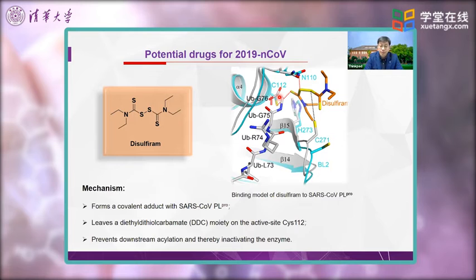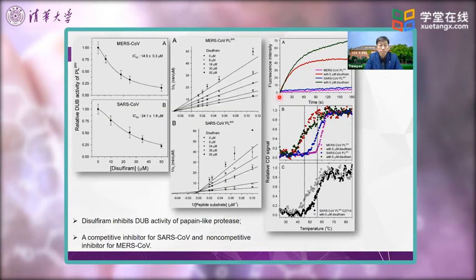Then it can prevent downstream acylation and thereby inactivate the enzyme. This drug can inhibit DUB activity of PL protease. For SARS coronavirus, it works as a competitive inhibitor. In contrast, for MERS coronavirus, it can work as a non-competitive inhibitor.